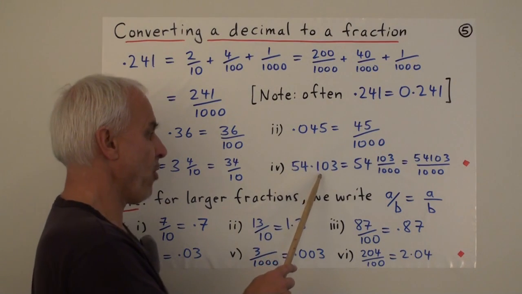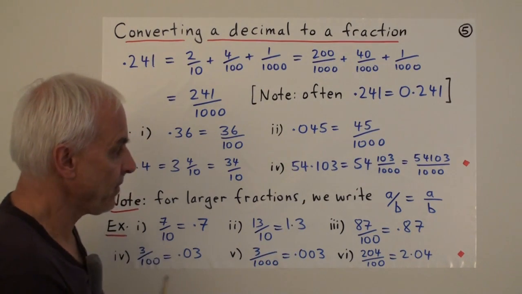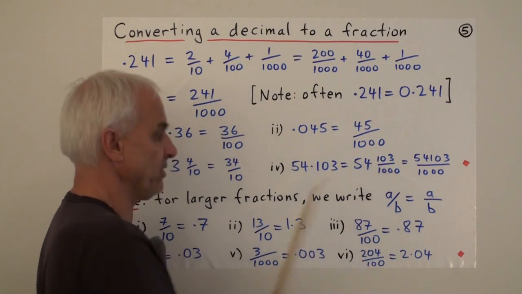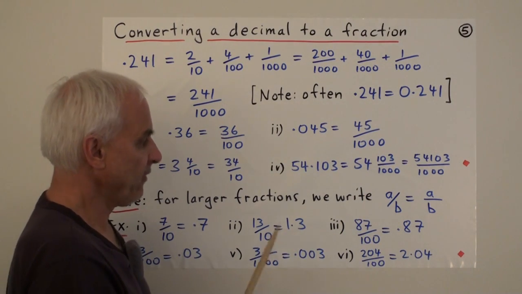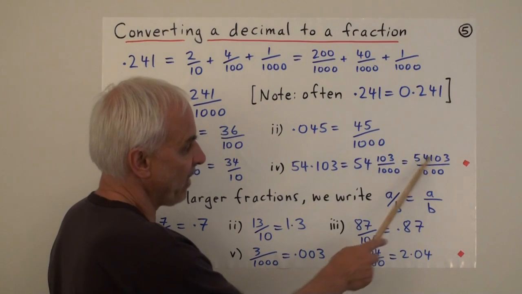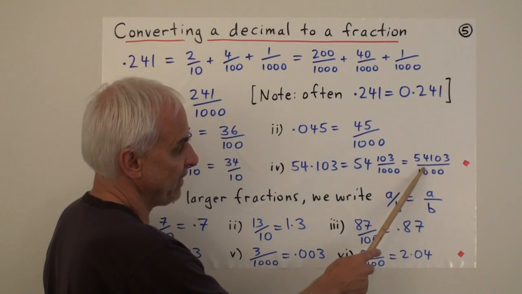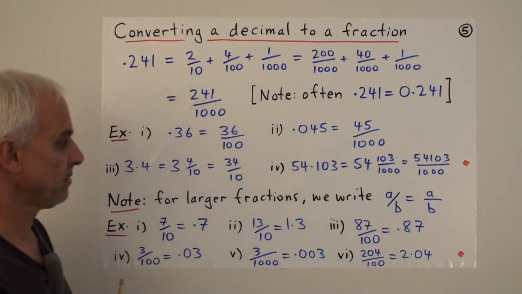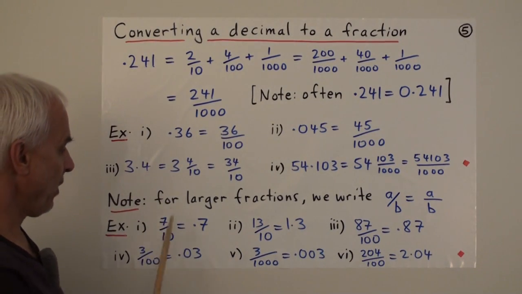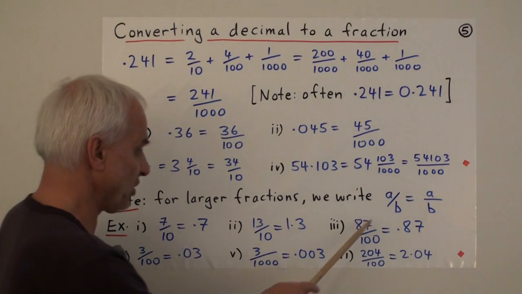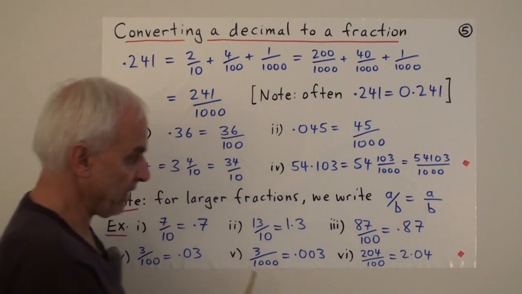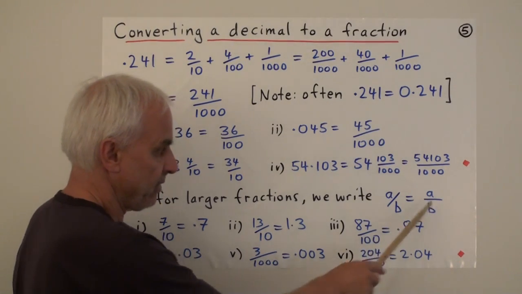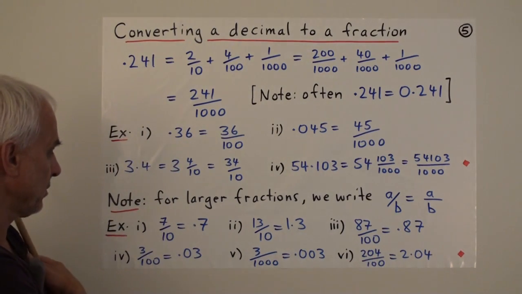And 54.103 can be written as 54 and 103 1/1000ths. And if we wanted to write that as a composite fraction, we could write it in this fancier way: 54,103 all over 1000. Okay, and as I mentioned before, for larger fractions we'll often replace the a over b with a slanted line with just a horizontal bar.